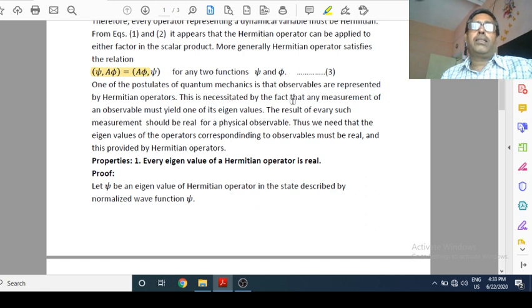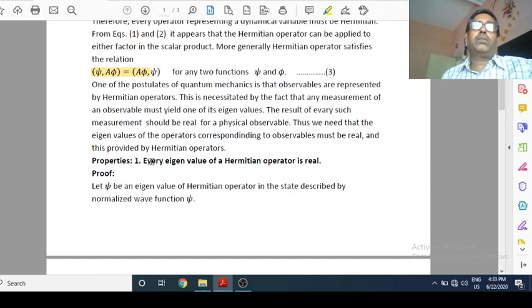This is necessitated by the fact that any measurement of an observable must yield one of its eigenvalues. The result of every such measurement should be real for a physical observable. Thus, we need the eigenvalues of the operators corresponding to the observables to be real, and this is provided by Hermitian operators. Now we are going to discuss its properties.